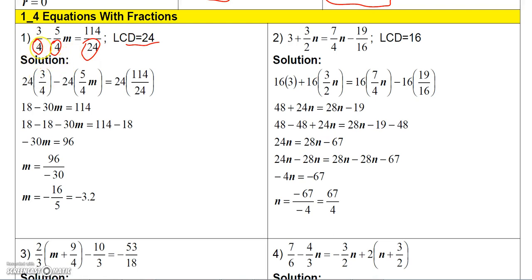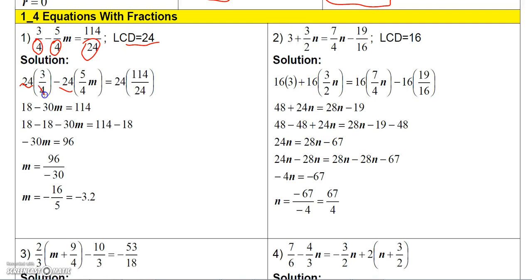Now, since each of these denominators will go into 24, let me show you how that's helpful. I multiply each one of these terms by 24: 24 times 3/4, 24 times the 5/4 m, of course that's a minus, and then 24 times 114 over 24. Now you can do it the long way, do 24 times 3, then divide that by 4, but there's a shorter way.